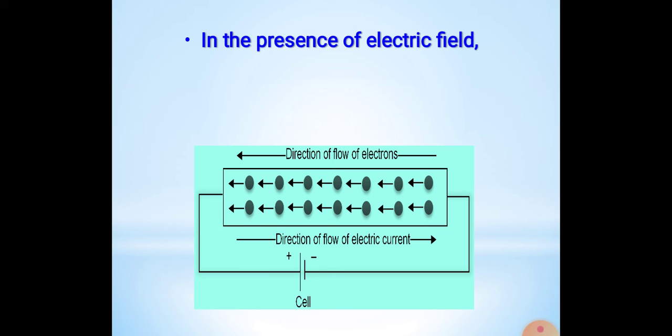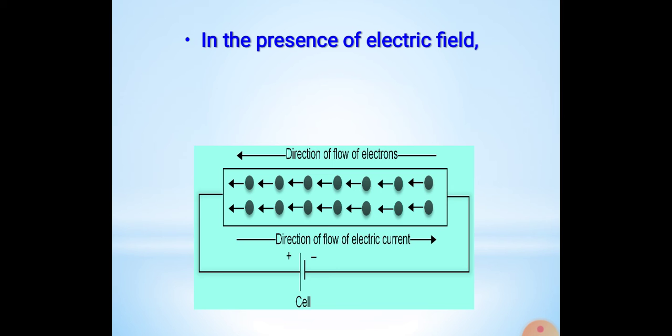What will happen inside this? Inside the material we have electrons. Those electrons are drifted towards the positive terminal of the battery. Because when an electric field is applied, we have given some electrical energy to this material.